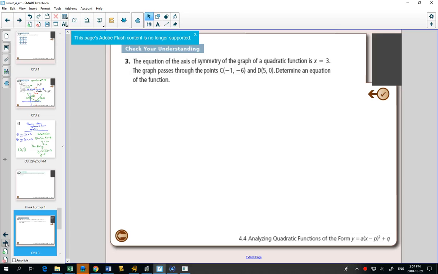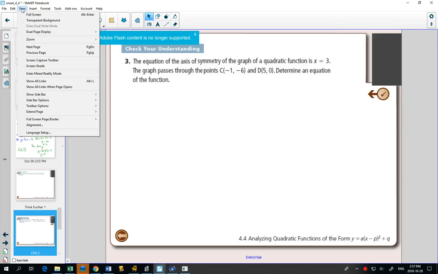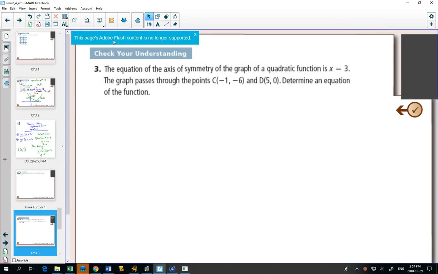Example number 3. The equation of the axis of symmetry of a graph is x equals 3. The graph passes through the points (-1, -6) and (5, 0). We need to find the equation of this quadratic function.